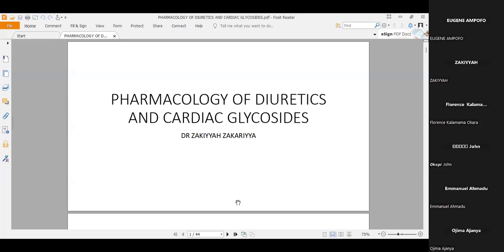spironolactone and eplerenone. The epithelial sodium channel inhibitors act directly on the aldosterone-sensitive cells. They exert their action by binding directly to the epithelial sodium channel receptors within the cells. While the aldosterone receptor antagonists bind to mineralocorticoid receptors.